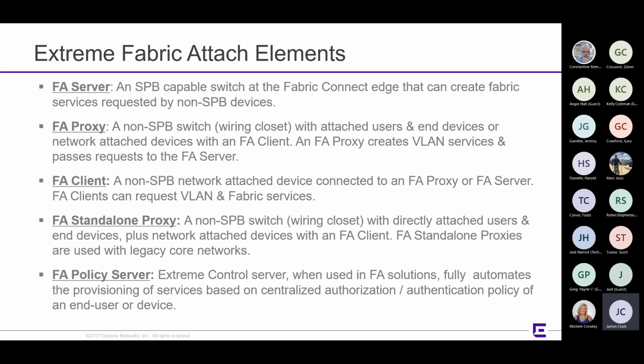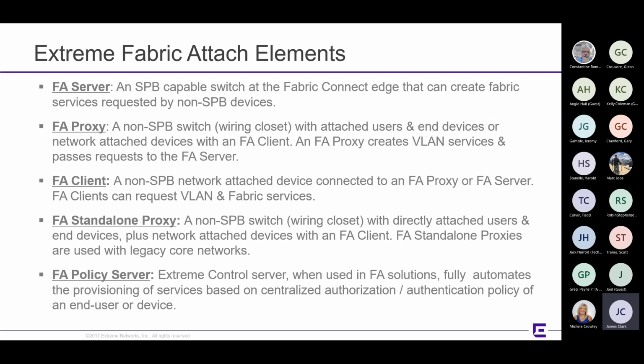So the Fabric Attach server would actually be a BEB. And then we have a term called Fabric Attach Proxy. Typically, that's going to be an edge switch where it needs to send some type of Fabric Attach signaling to something behind it, like an AP, for example.